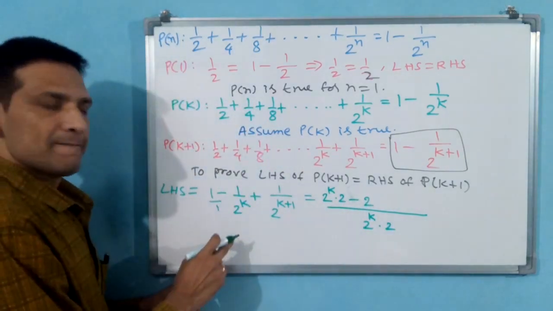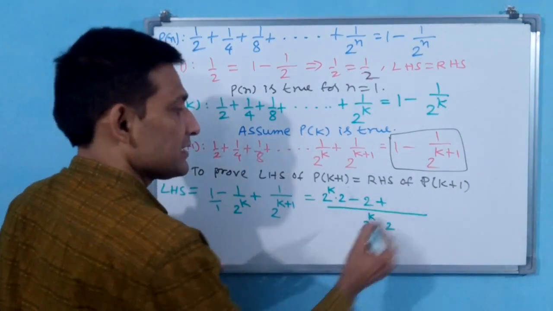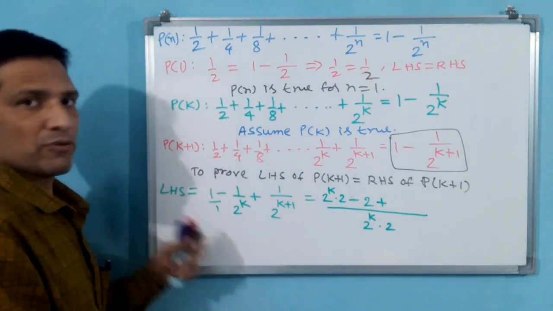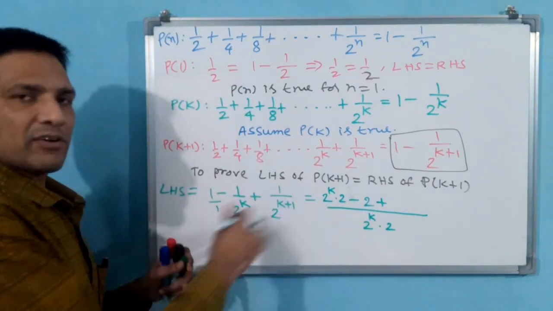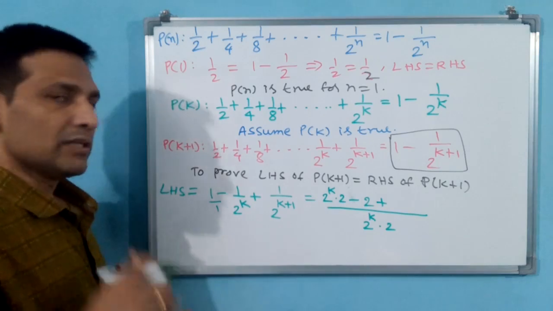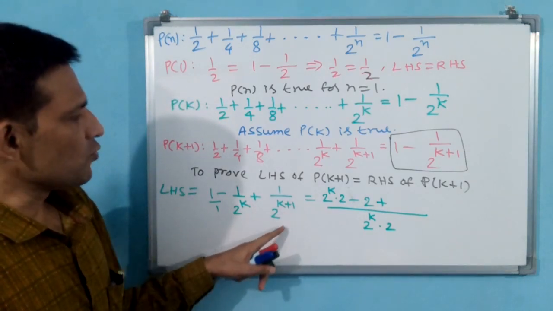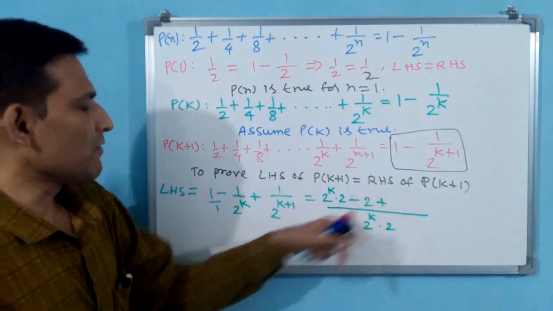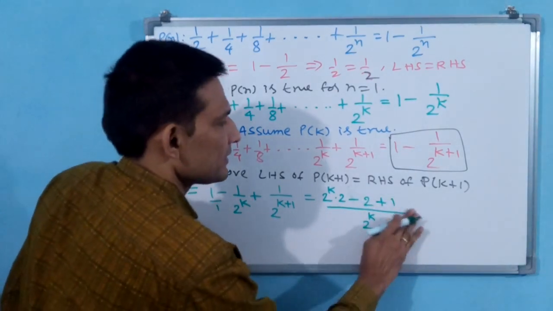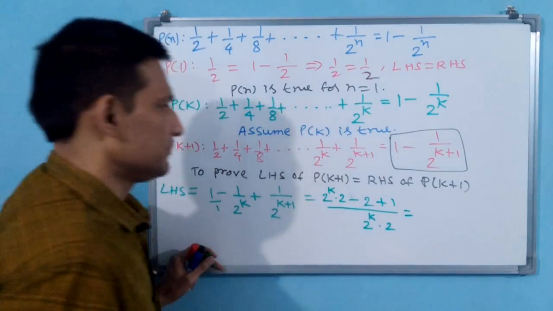Okay. Plus, why? Because LCM also you have to habituate. That is why I am doing in LCM form, rather than cross multiplying always. Now 2 power k into 2 are there, then automatically simply 1 is going to come.